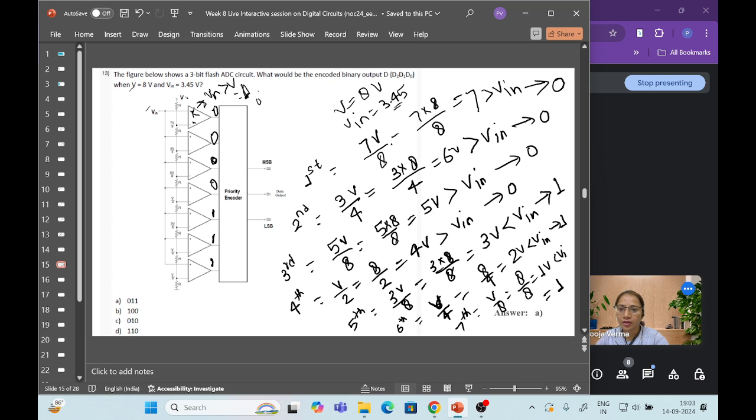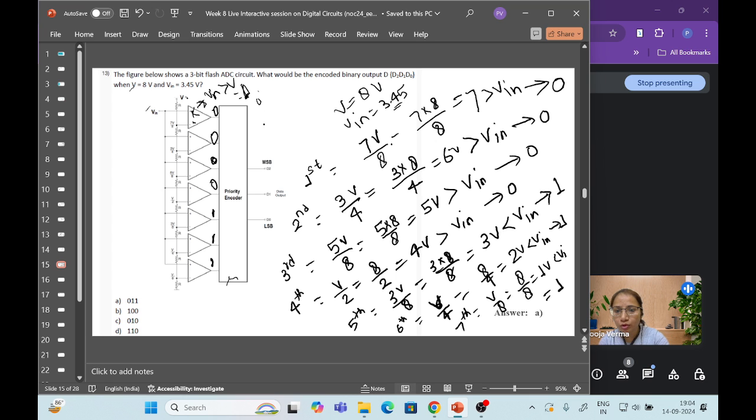So the outputs of the op-amps are 0, 0, 0, 0, 1, 1, 1. This is the input of that priority encoder, right? So these are the inputs of the priority encoder. How many inputs are 1? The last 3 are 1s, right? So what will be the decimal equivalent?